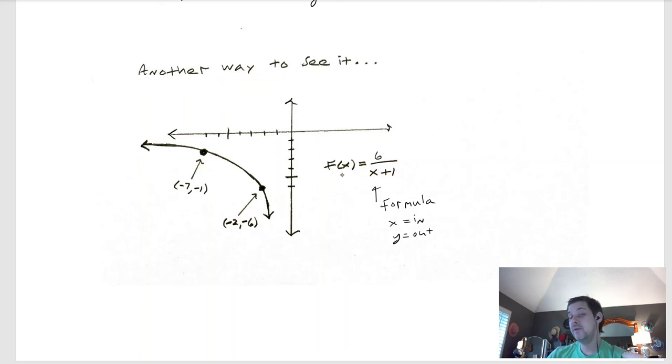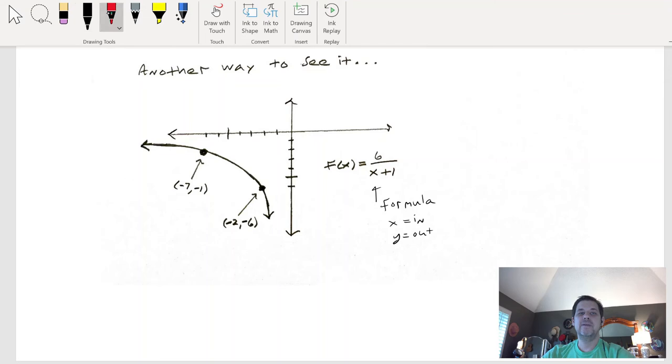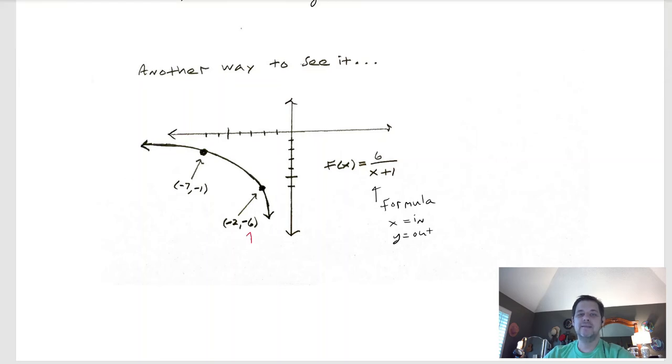So whether you have the formula or whether you have the graph, you're given the x coordinates and the y coordinates. If we have that in function notation, then we might say like this. That is the y coordinate, but sometimes we write that like f of -2. All right. The function notation just represents the y coordinate.